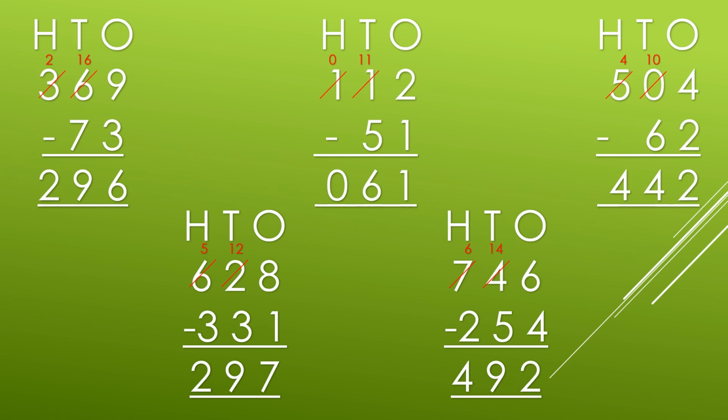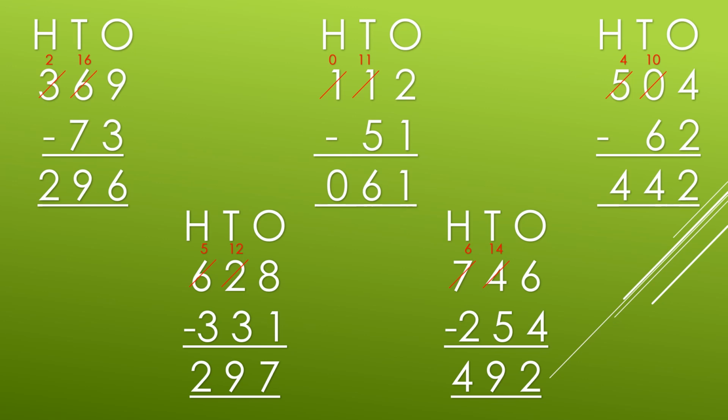So now subtract 7 from 16. Answer is 9. Write 9 under tens and now subtract 100. In 100 only number 2 is there, so you will write 2 under hundreds. So 369 minus 73 is equal to 296.